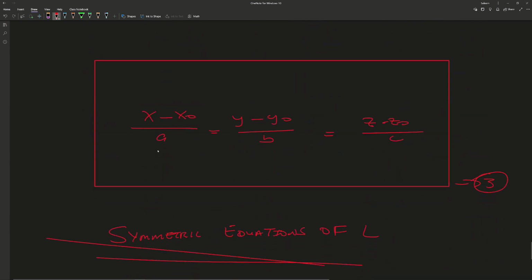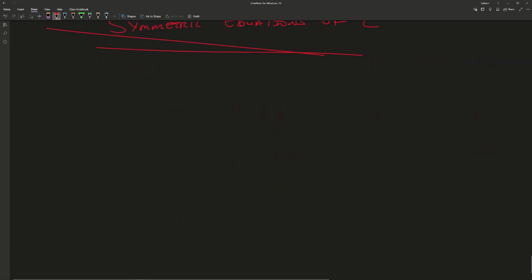If a is equal to 0, then we could write the equations of L as x is equal to x0, and of course y minus y0 and the rest remain the same.